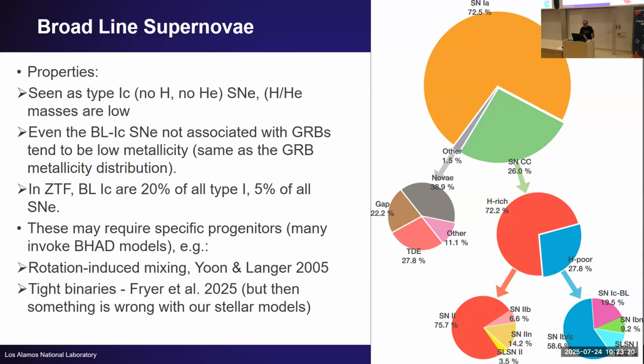So we're going through, most of these are hydrogen, some are hydrogen poor. And then if you go down to the ones that are hydrogen poor, most of them, over half, are 1BCs. But there's a set of weird ones. There's quite a few of these superluminous supernova, so they're much brighter than normal supernova.